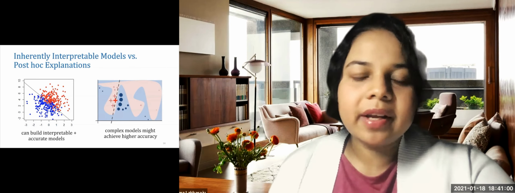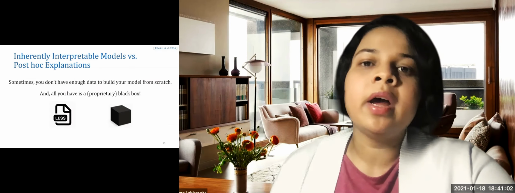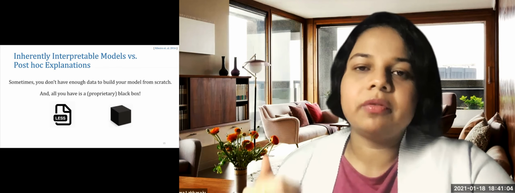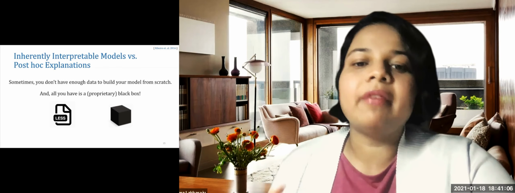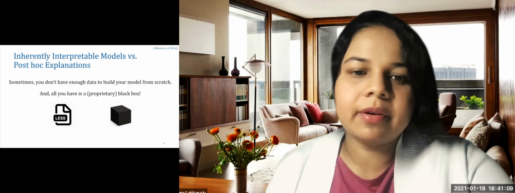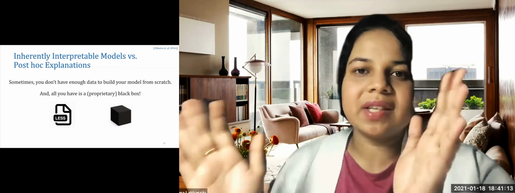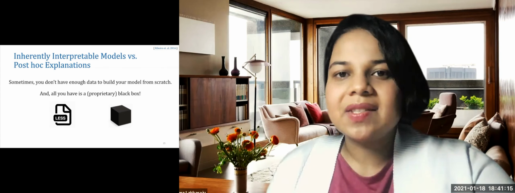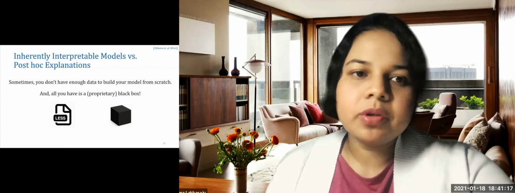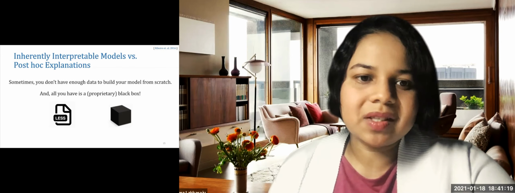There are also other cases which might favor post hoc explanations. So for example, sometimes you just don't have enough data to build your models from scratch, right? All you have in that case is a proprietary black box, and that's what we are stuck with. In such settings also, we might have to resort to post hoc explanations.